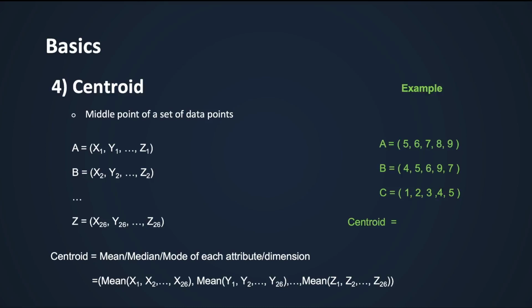For example, let us assume there are three objects A, B, and C having values in 5 dimensions.